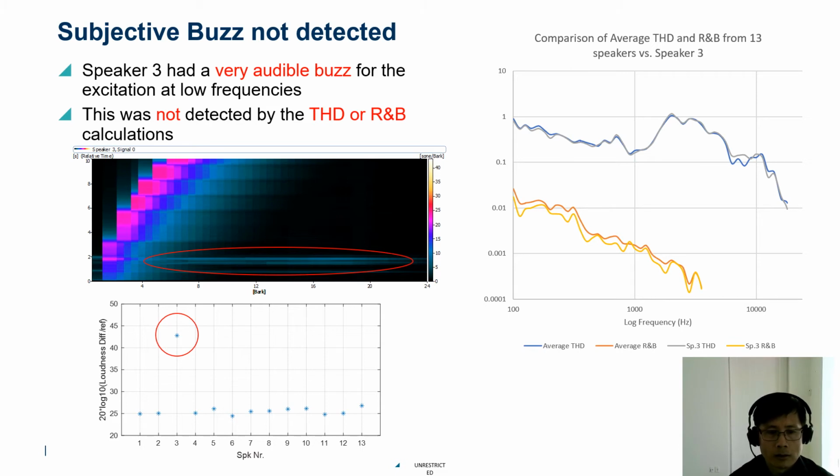That clearly shows that loudspeaker 3 stands out from the rest of the loudspeakers. Loudspeakers 4 and 13 were mentioned in the previous slide. They don't seem to be that different, so that also corresponds well with our informal listening result.